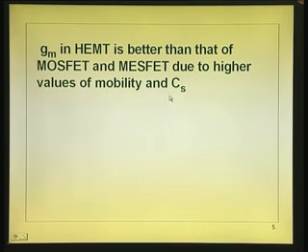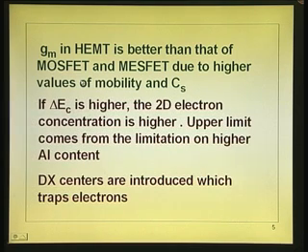Even when you have velocity overshoot, short channel length effects because of velocity overshoot and virtual transport without intra-valley scattering, you get much better performance, much better Gm with HEMT. Okay. The other thing that we have been telling is the delta Ec.